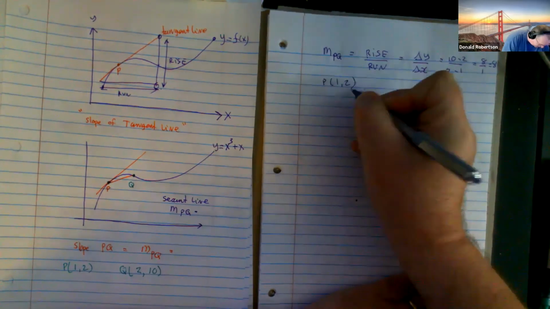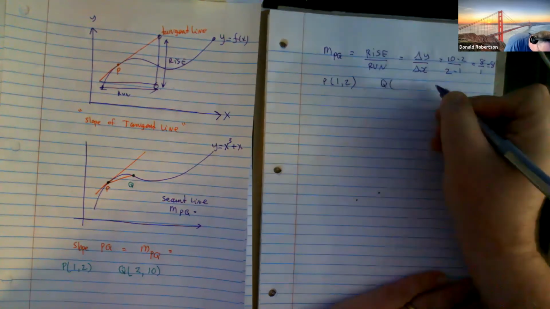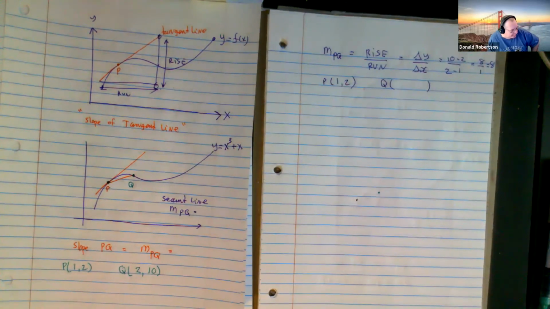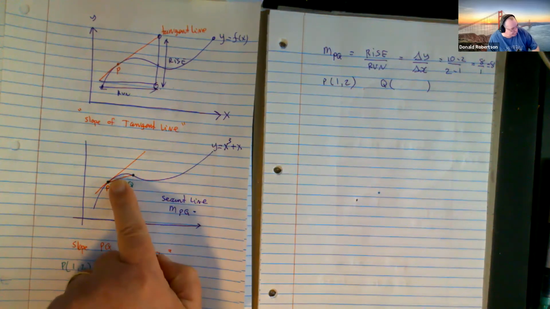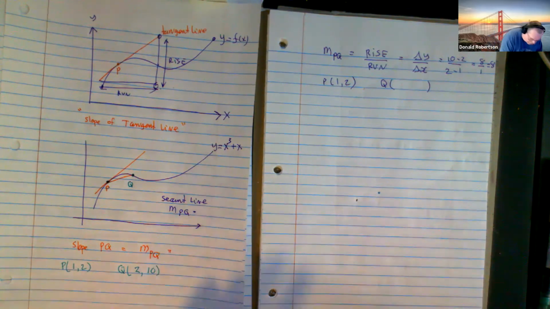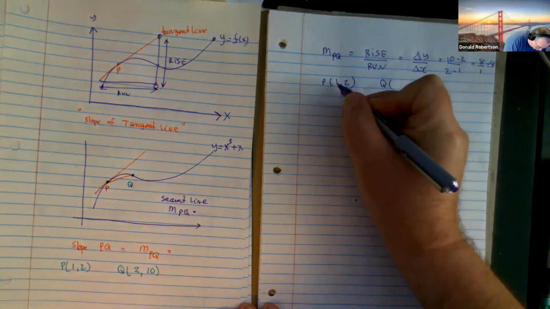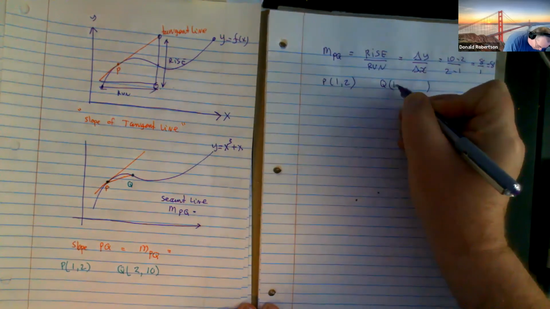I'm not going to change P because that's the point I'm interested in, but can't I choose a different point for Q? So instead of this one, couldn't I pick somebody a lot closer to P? Wouldn't that be a better estimate? So instead of x coordinates of 1 and 2, how about x coordinates of 1 and 1.1?